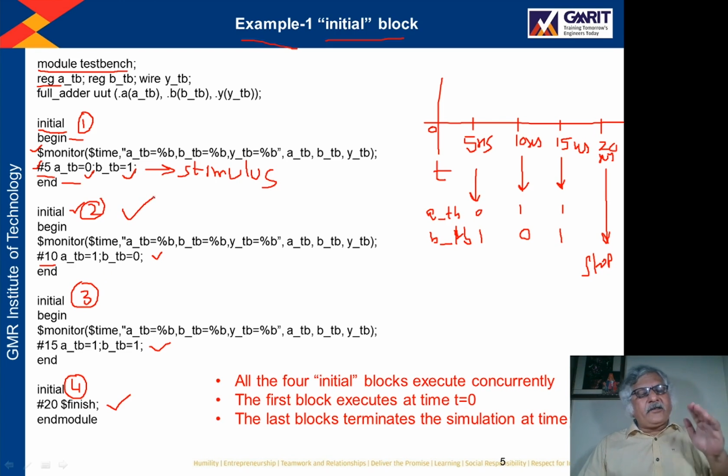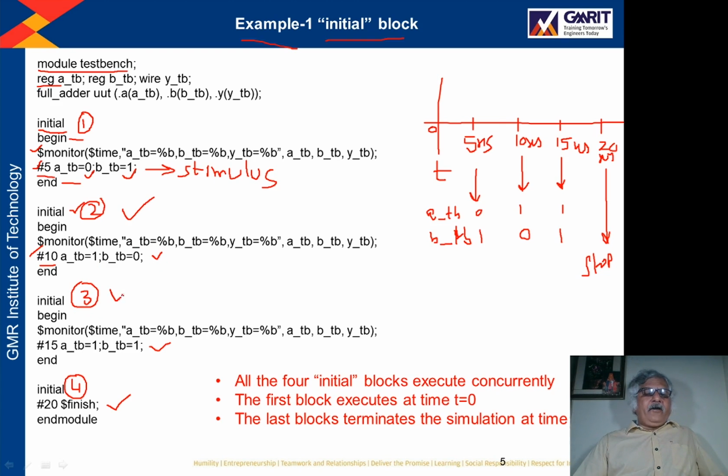Initial block 2 is also executed at the same time, in parallel, at 0 time of the simulation. But since we have mentioned hash 10, at 10 microsecond it will assign the values of a_tv and b_tv mentioned here.